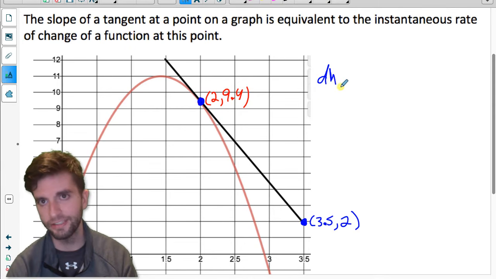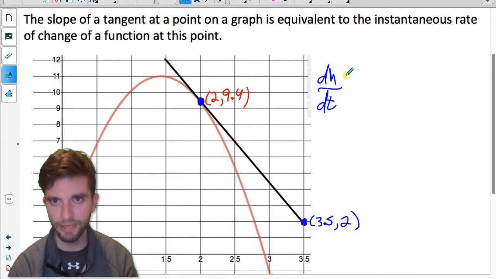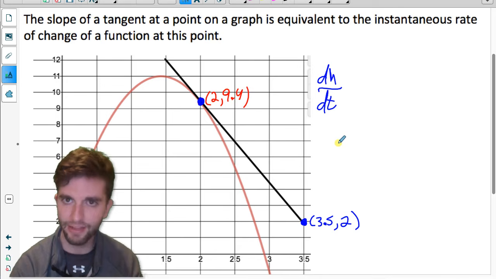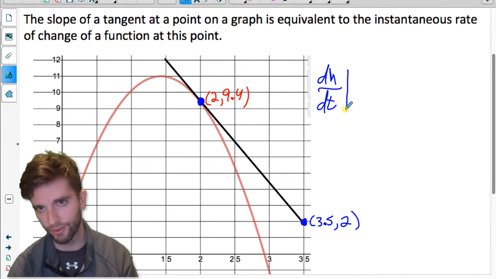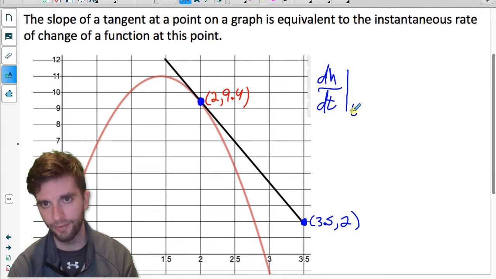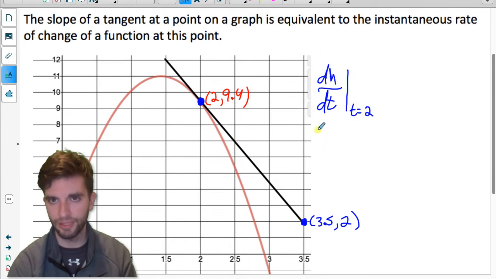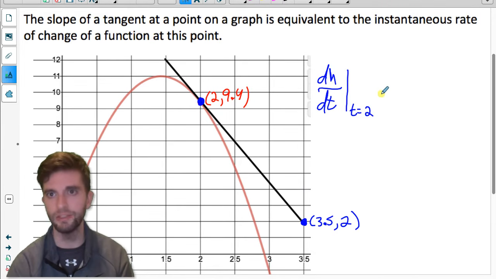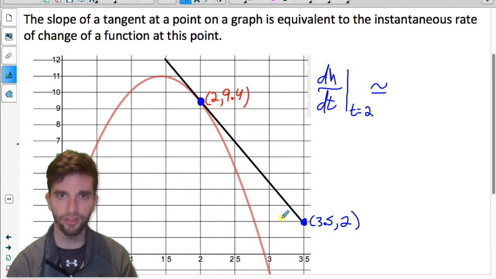It would be dh over dt, the difference in height over the difference in time, but when written like this, we know it means the instantaneous rate of change of height with respect to time. And then I'm going to draw this vertical line, and then write t equals 2. The reader would know that this means the instantaneous rate of change of height with respect to time when time is 2. And I'm going to write an approximately equal symbol because this is an estimate.